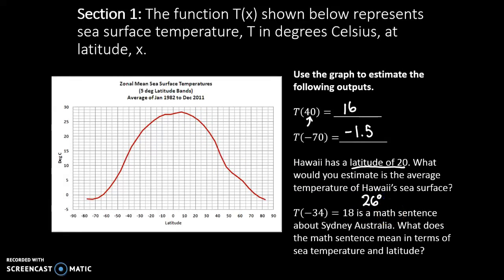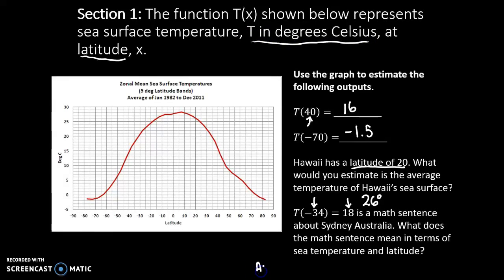T of negative 34 equals 18 is a math sentence about Sydney, Australia. What does the math sentence mean in terms of sea temperature and latitude? So the negative 34 is the x-coordinate, which means that's the latitude of Sydney. And the 18 is the y-coordinate, which means that it's the temperature in degrees Celsius.